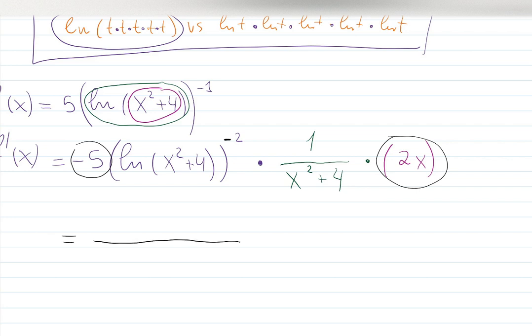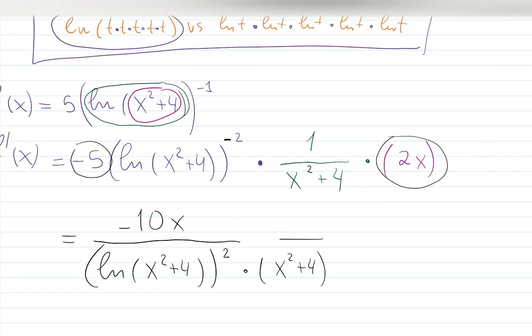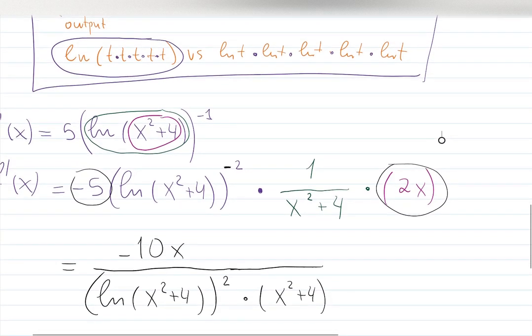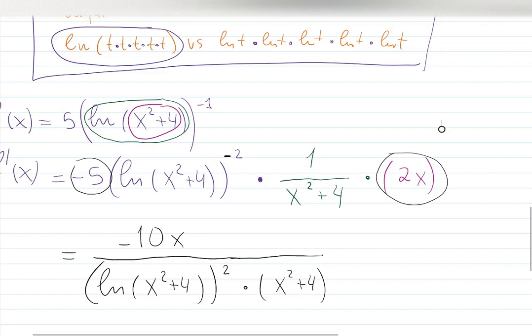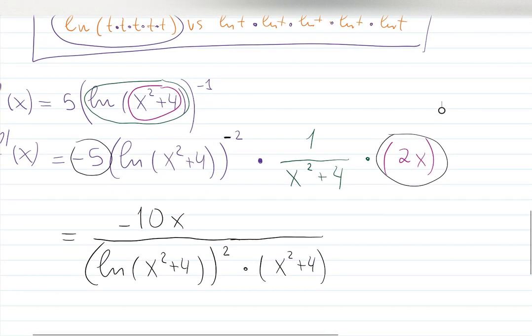So it's going to be a huge fraction. -5 times 2 is -10, -10x at the top, natural log of x squared plus 4, everything raised to the second power, times x squared plus 4. This piece showed up from differentiating log. Derivative of log of u is 1 over u. And this is the answer.